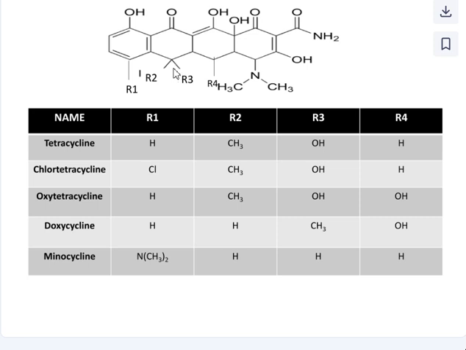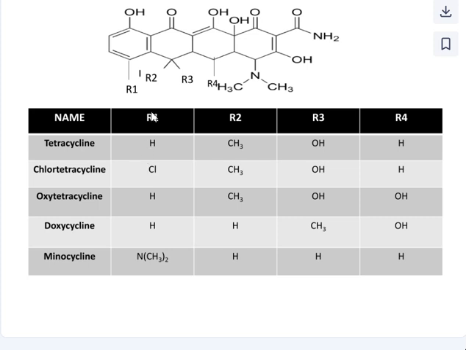It is the same for chlortetracycline. The second, third and fourth positions are similar if you compare, and just add the R1 substitution: instead of H we have a chlorine group.